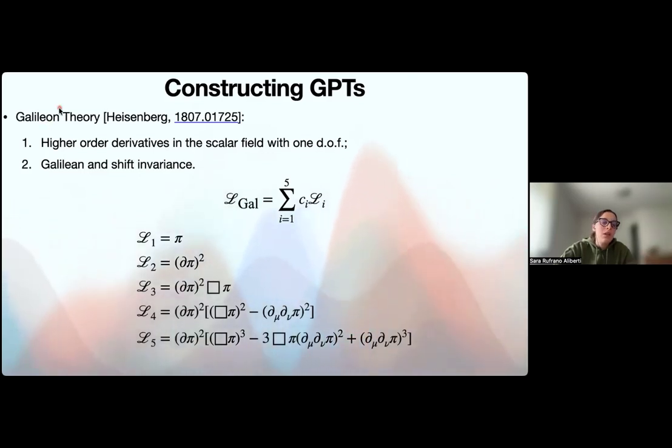The Galilean theory is a generalization of the scalar field theory in flat spacetime, and we can obtain this theory starting from the scalar field Lagrangian, considering higher order derivatives in the scalar field, requiring second-order equations of motion and Galilean and shift invariance. Now, this theory was introduced in order to describe dynamical dark energy.